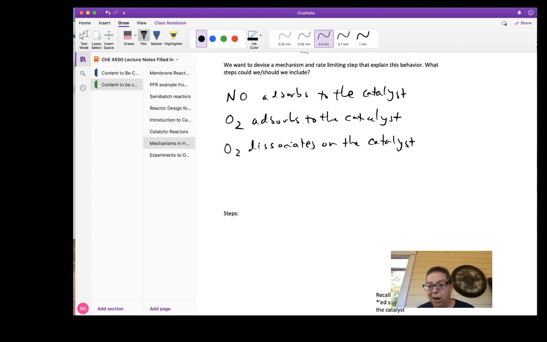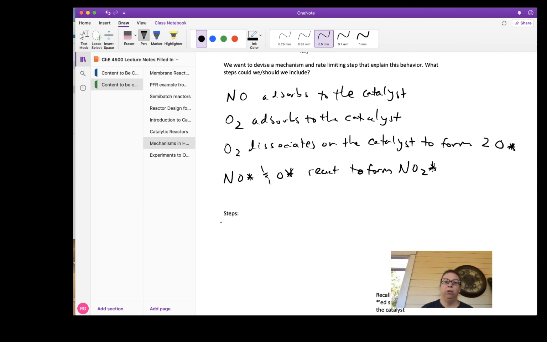We'll say to form two oxygen atoms. So now the oxygen atoms are going to react with NO. So NO star and O star react to form NO2.